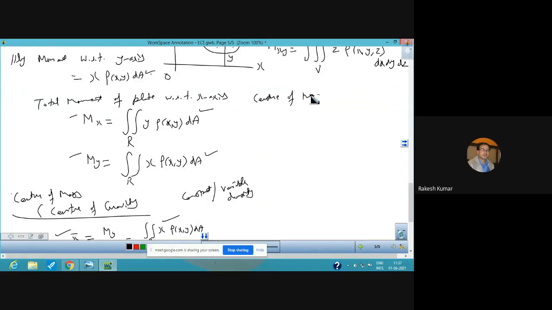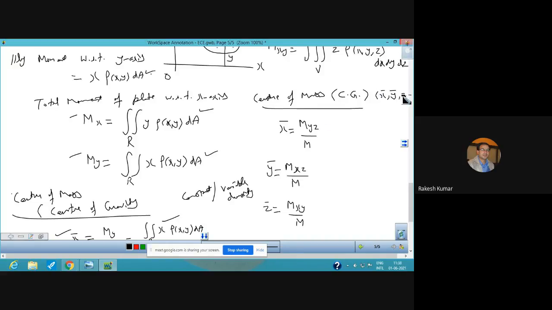The center of mass, or you can write CG, that is the center of gravity, has coordinates x bar equal to M_yz upon M, y bar equal to M_xz upon M, and z bar equal to M_xy upon M. So you can find the coordinates of the center of gravity.